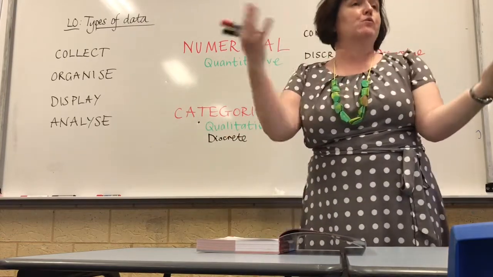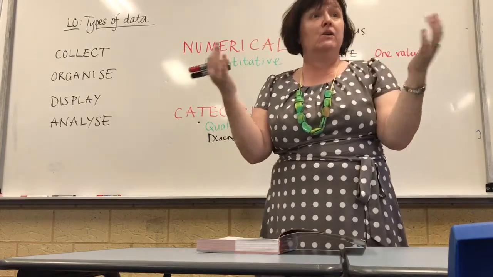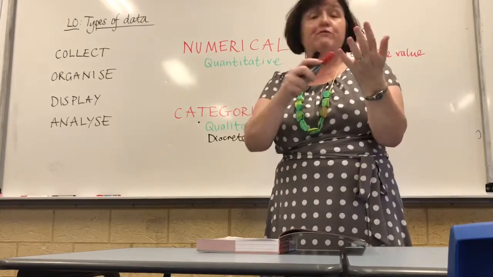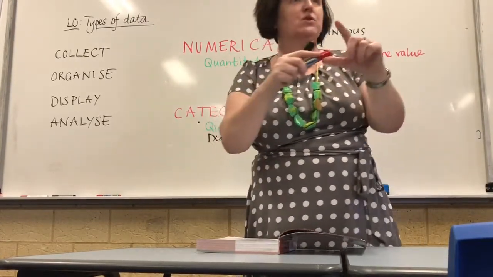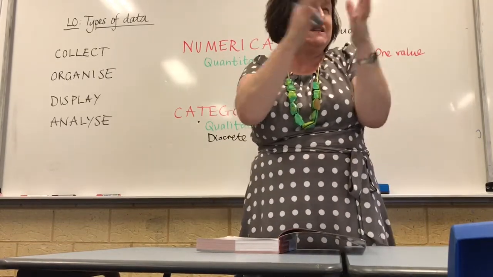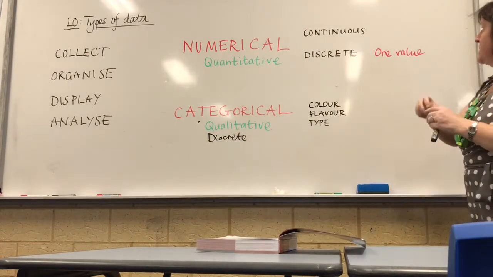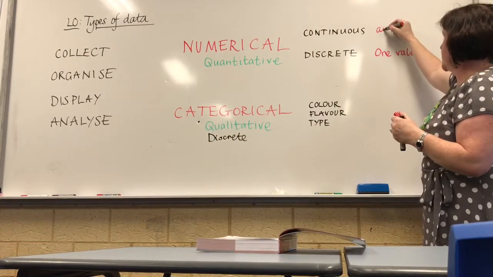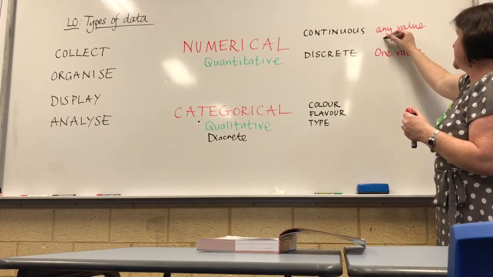So let's say we go from 140 to 180. Well, you could be any value in between there, couldn't you? You could be 140.5 or 163.5 centimetres or 128 point something. Do you see what I mean? So that's why it's continuous. So continuous data can be any value in between, and it doesn't have to be an integer.